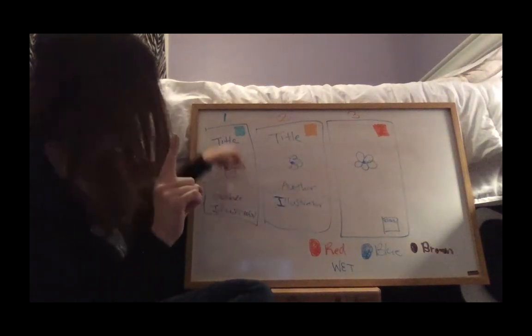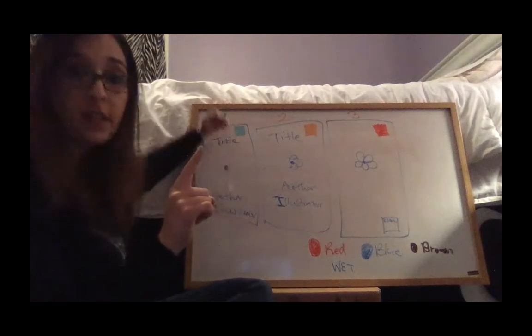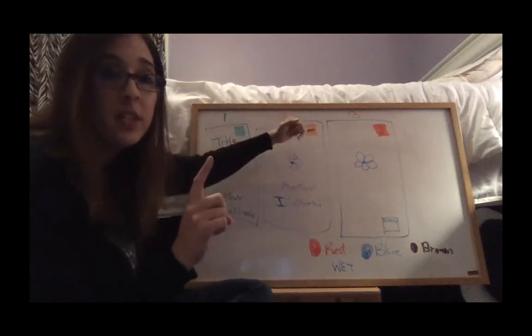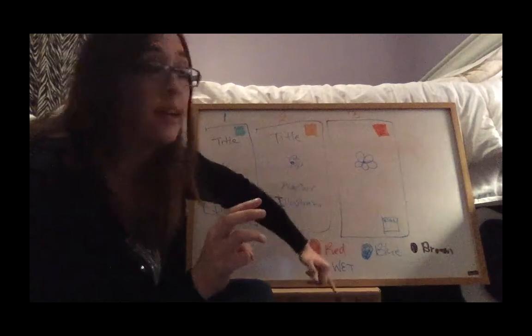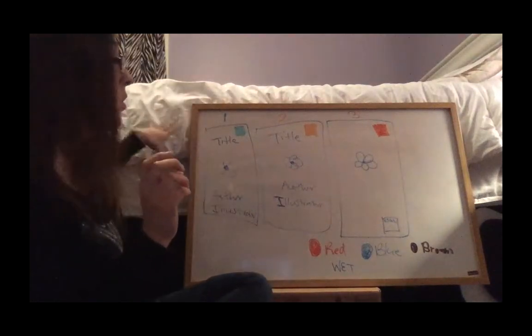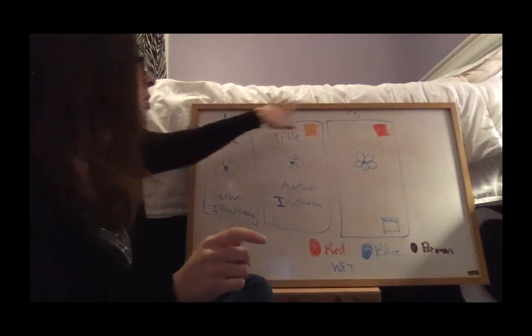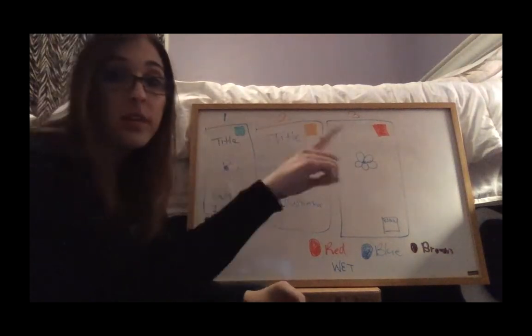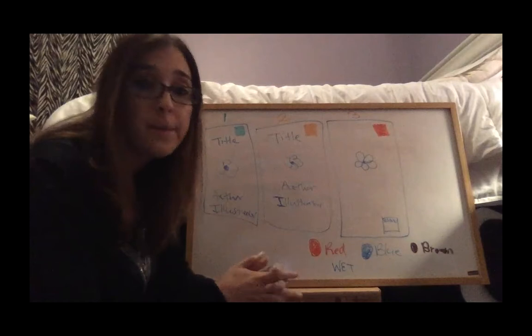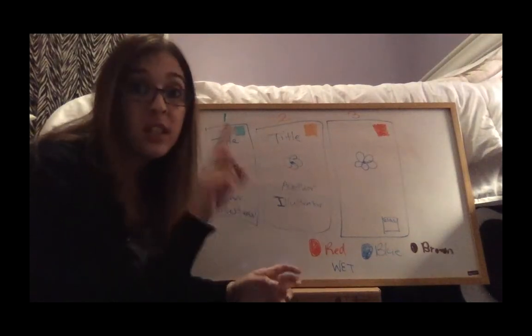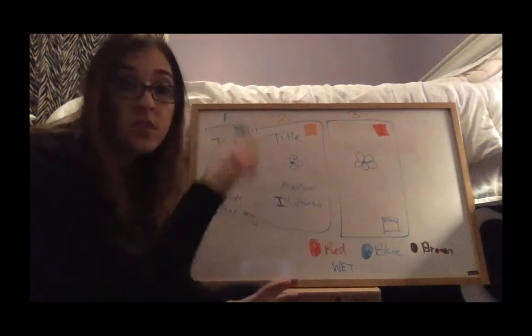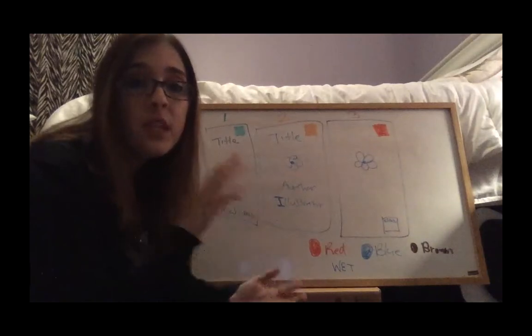So one person will draw the front cover, the next person will draw the title page, and the other one will draw the back cover. Then one person will organize them in order by labeling them 1, 2, and 3, the order they go in your books. Then you'll take turns and each get to draw and label.